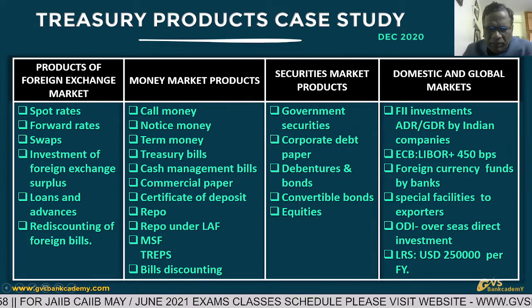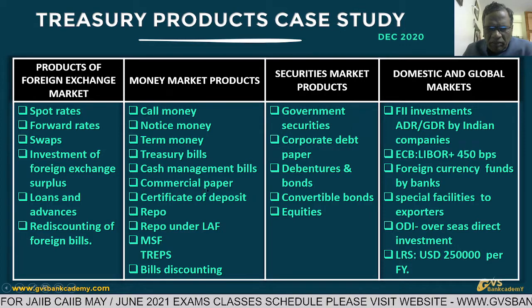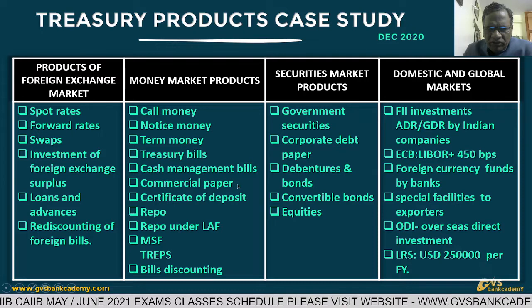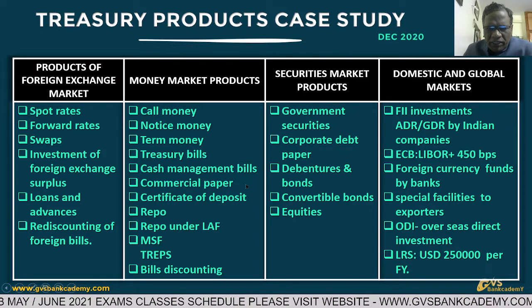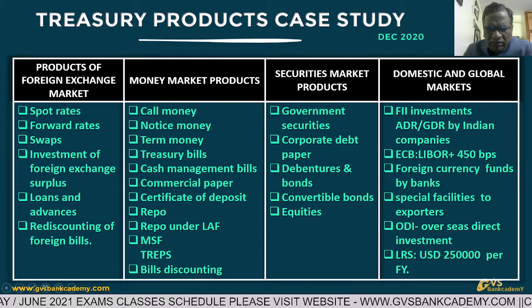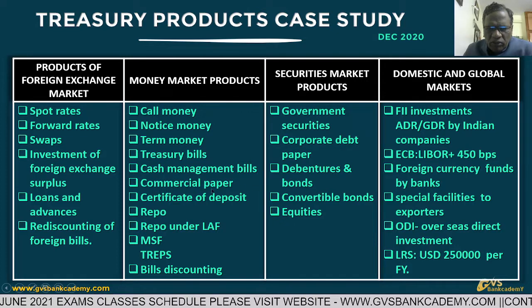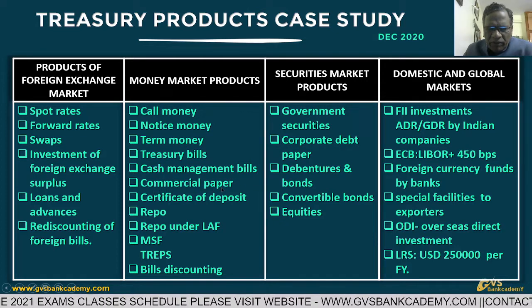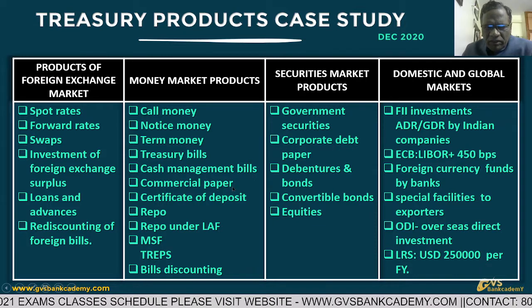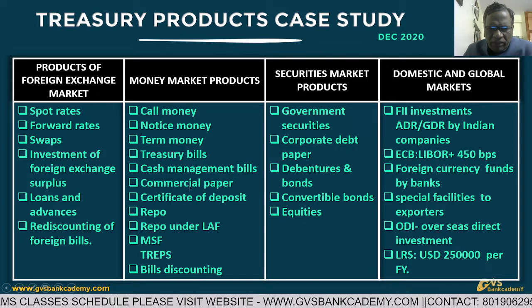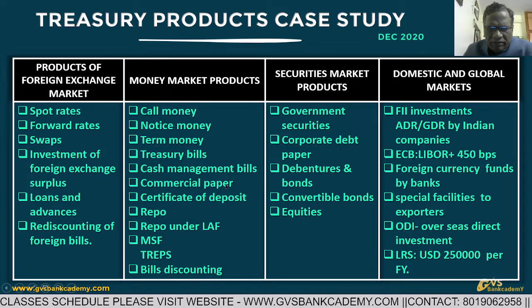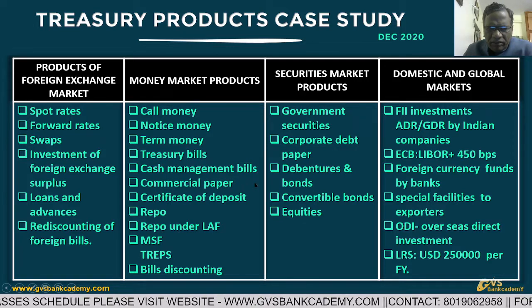Then commercial paper. This is issued by corporates, all India financial institutions and non-banking financial companies without any net worth requirement. Others are also allowed, but for issue of commercial paper, the net worth requirement is 100 crores and above for others. Face value of the commercial paper is 5 lakhs in multiples of 5 lakhs.